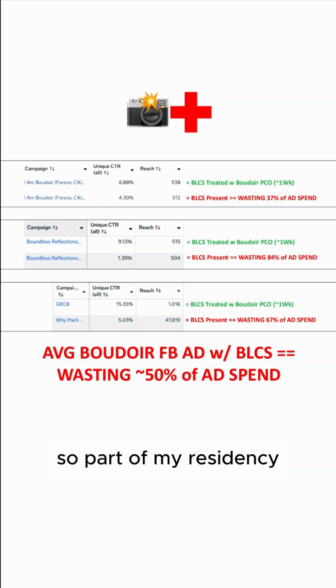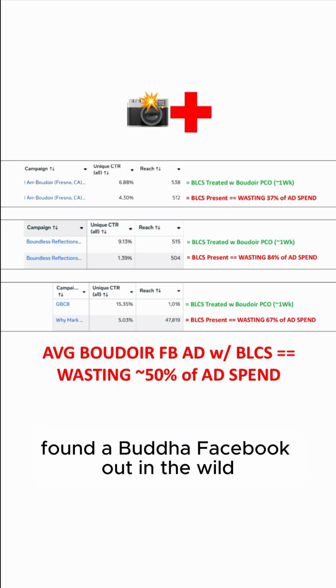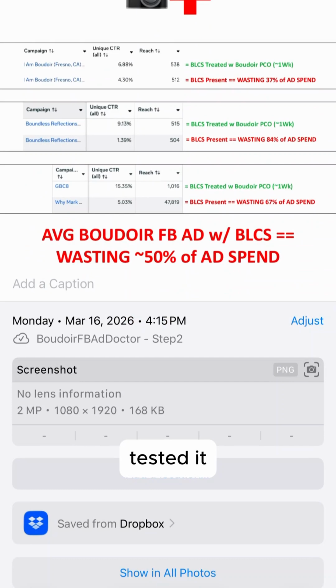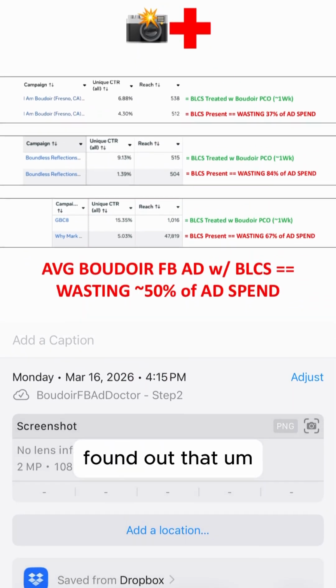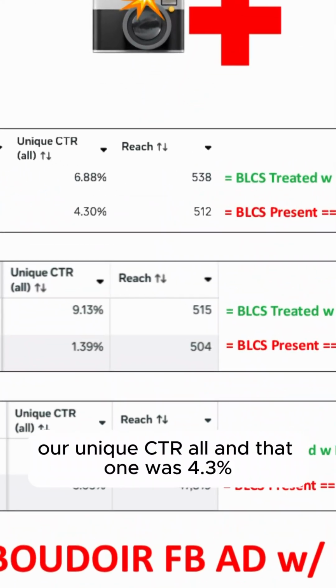Part of my residency, the first part, was going out and getting a Boudoir Facebook ad out in the wild, bringing it back here to the hospital, and testing it. We found out that the unique CTR all on that one was 4.3%.